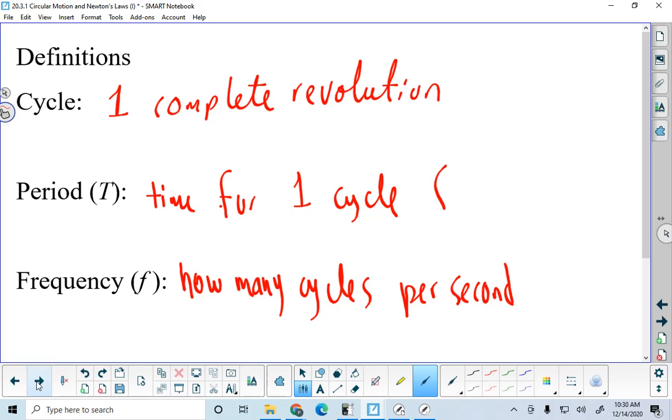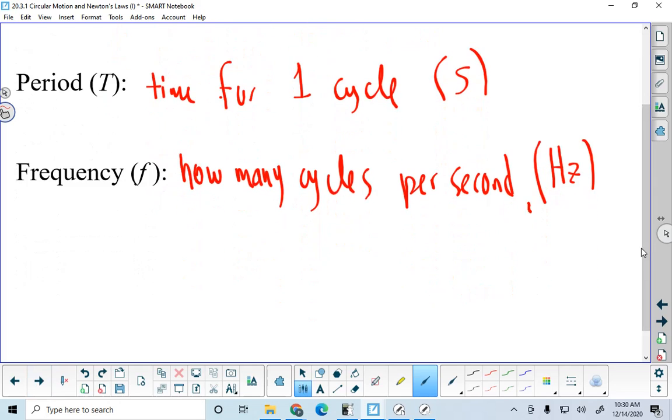The units for period are seconds, and the units for frequency are called hertz. And all a hertz is a cycle per second. So if I told you that we had a frequency of 100 hertz, something spinning around 100 times per second.